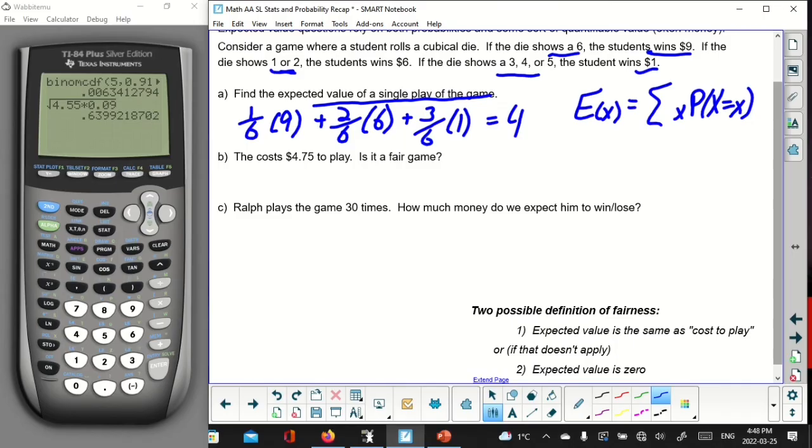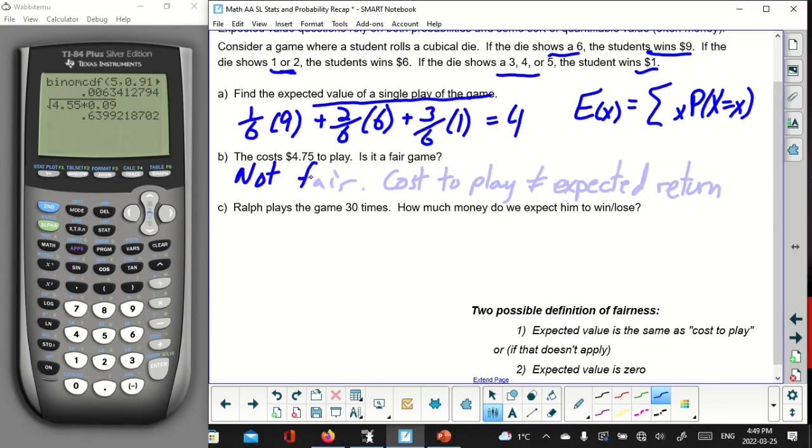You can make it work so that it always works with the second definition, but right here, you expect to win $4 per game, and it costs $4.75 to play. It's not fair. The cost to play isn't equal to the expected return. And of course, all casino games are not fair if you actually go to a casino. The house always wins on average, and that's because it's set up that way.